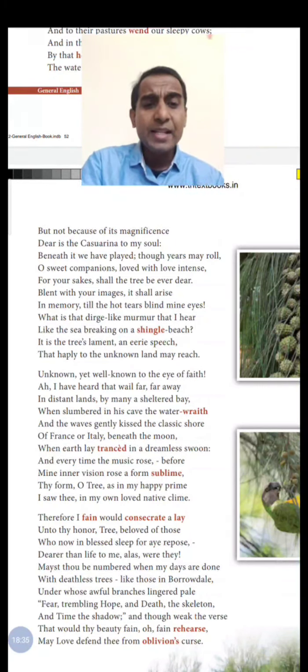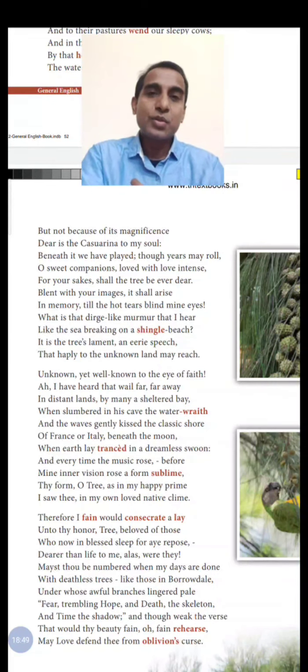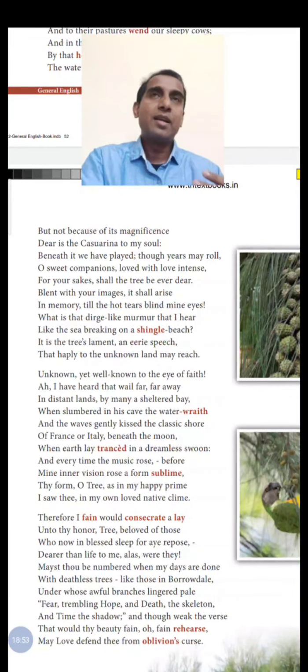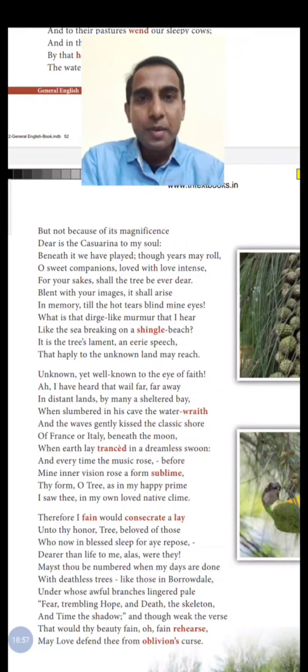It shall arise in memory till the hot tears blind mine eyes. This tree keeps on giving me memories until my eyes are blinded with tears. Those are the tears of the memories, the nostalgic thoughts you get of those people, the moments, the kind of happiness it gave. So it blinds her eyes the moment she thinks about the happiness she got.